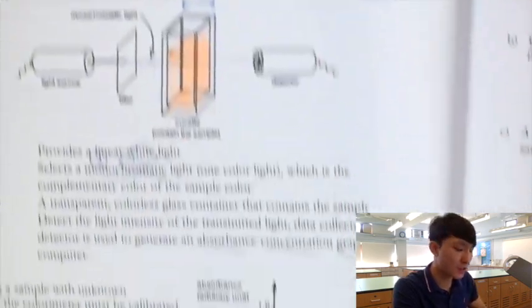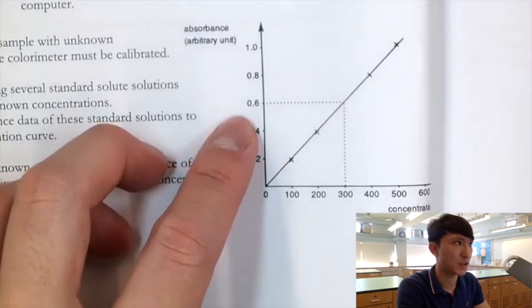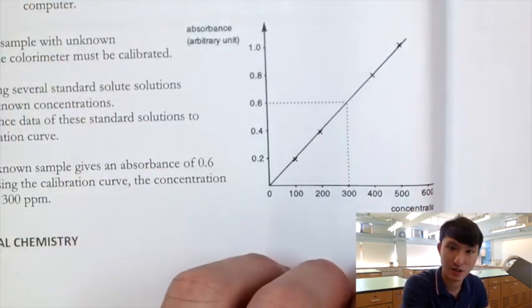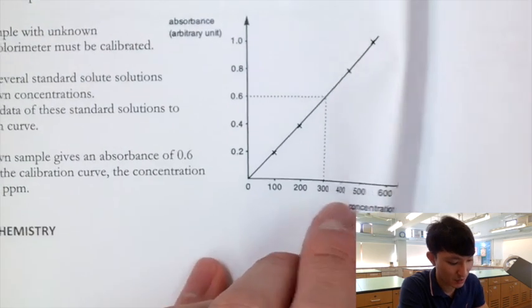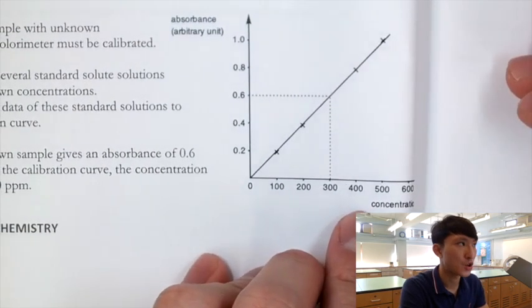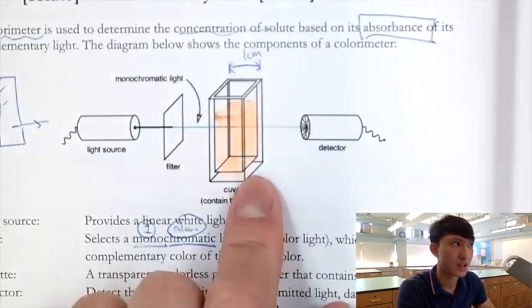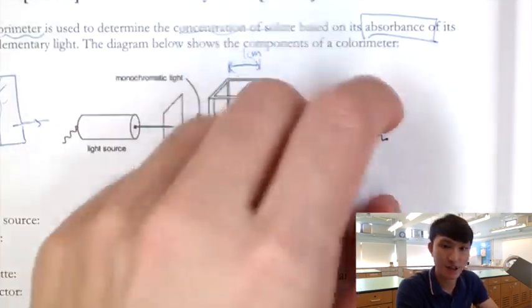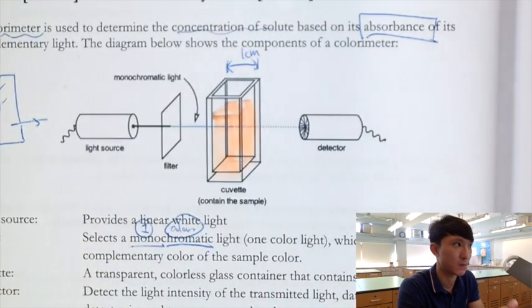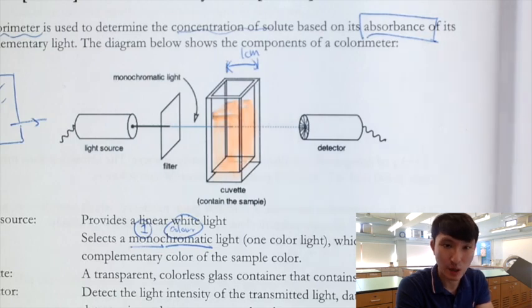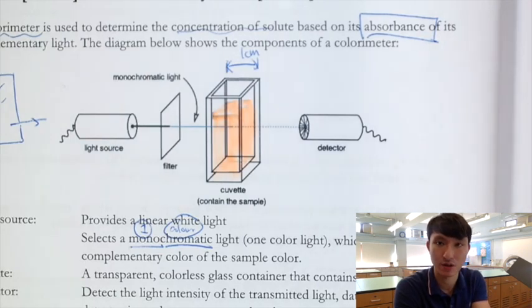Even though I know the absorbance, how can I translate it into concentration? So imagine you just have a sample, you load it into a colorimeter, and then at the end they give you an absorbance. Let's just say absorbance is 100. So what does this 100 mean? How can we translate it back to the concentration?